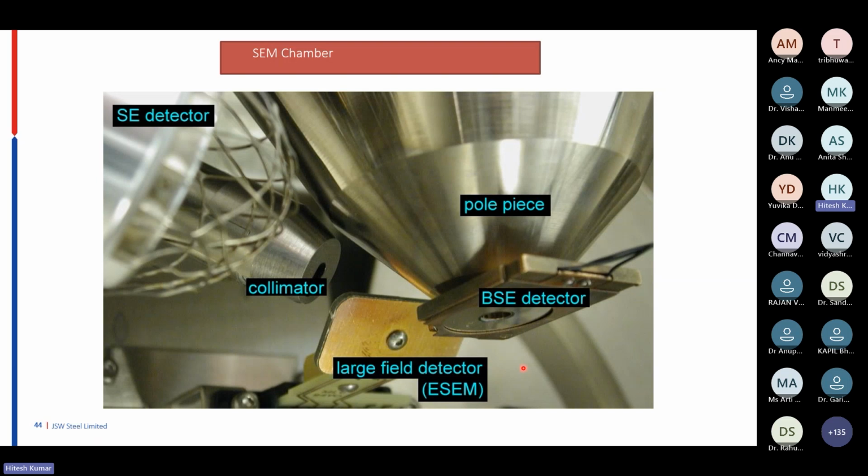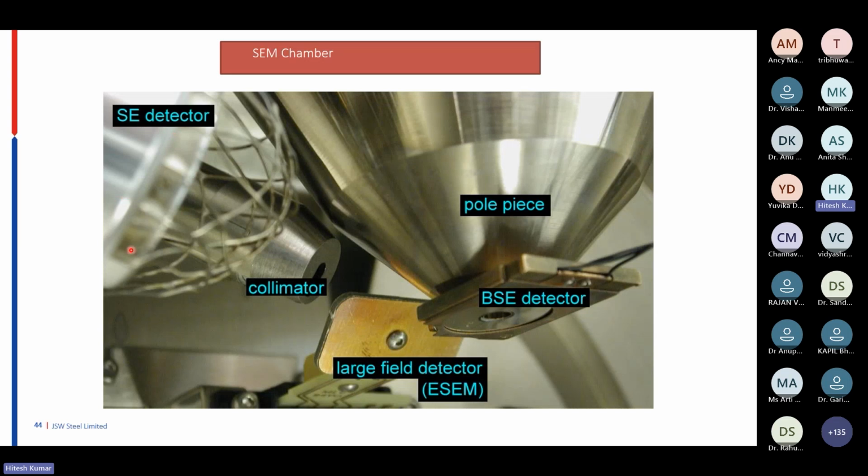But in environmental scanning electron microscopy, the specimen chamber pressure is higher because the samples we are using are non-conductive. For non-conductive samples, if we are not using a coating, then you need to adjust the pressure of your chamber.